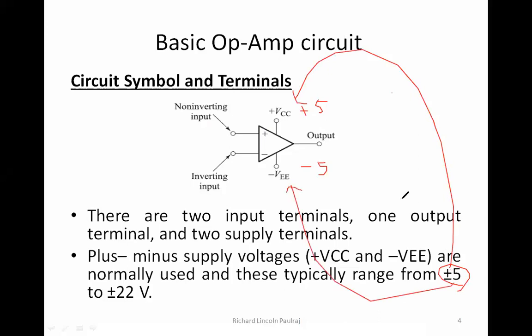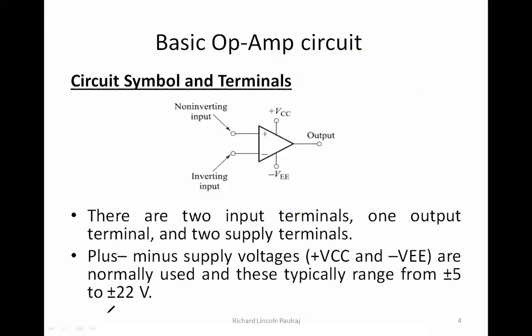Now this can range from 5 to 22 volts. That's the range typically. Generally, I have seen we use op-amps in the range of 14 volts, so that should be the ideal level of voltages that can be used. So plus 14 we can use here and minus 14 we can use here, or sometimes they even use 12 volts.